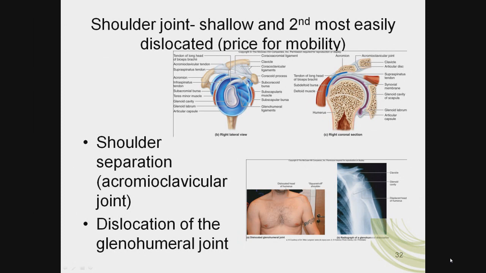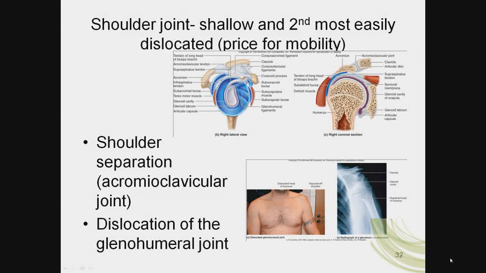Dislocation means a joint that's out of place, apart from its articulation between bones. A joint injury dislocation in which the articulating bones, like I said, have separated, and it's very common in the shoulder. Although these injuries can occur at any of the 3 shoulder joints described in the chapter, the shoulder joint is a very complex joint.